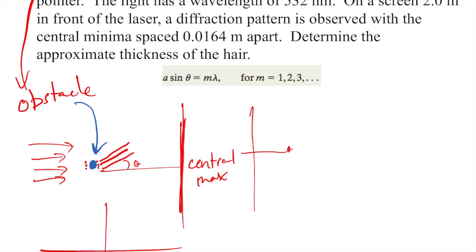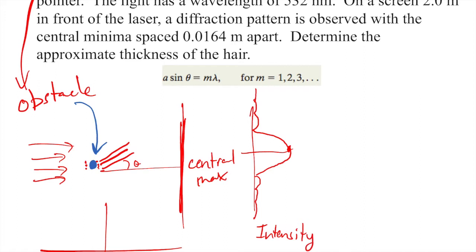You're going to have a huge peak here, and it's going to go down, and then bounce and bounce and bounce like that. So this is what our intensity is going to look like on the screen or on the wall.